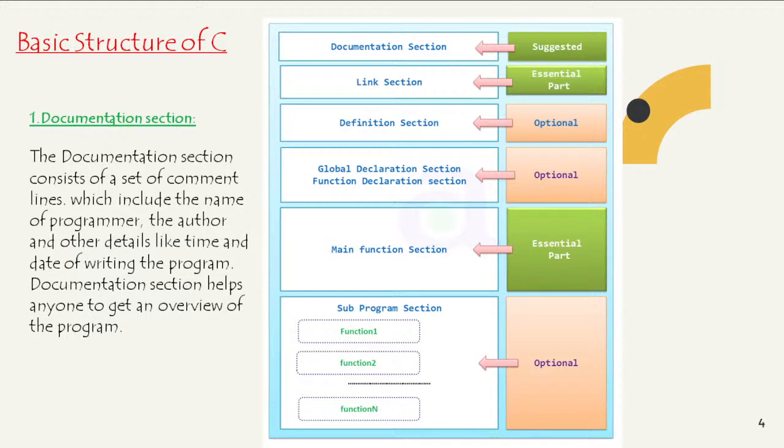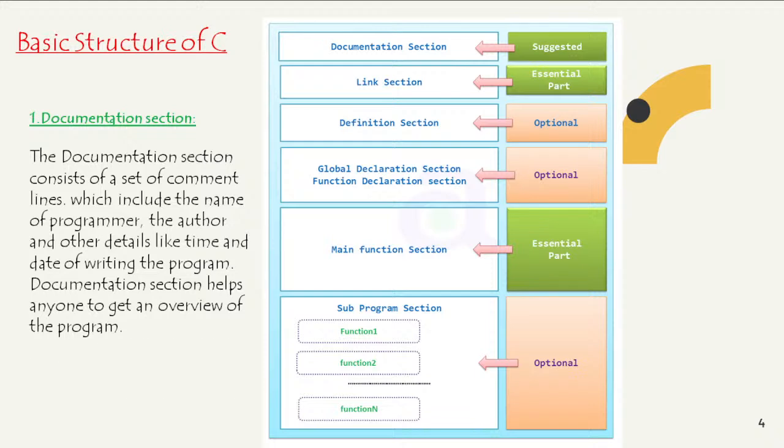This documentation section helps anyone get an overview of the program. When a programmer develops a program and writes comments on that code, later any user trying to use the same program can understand it easily through the comments.